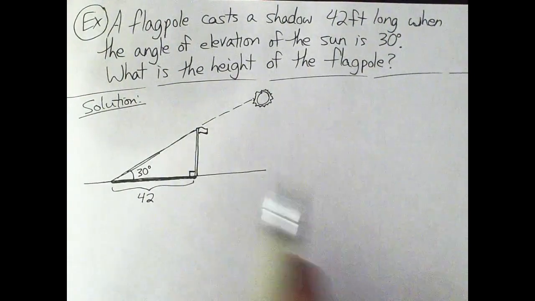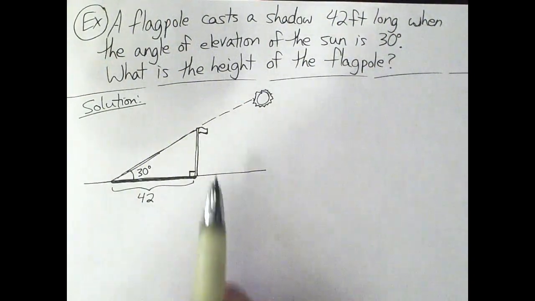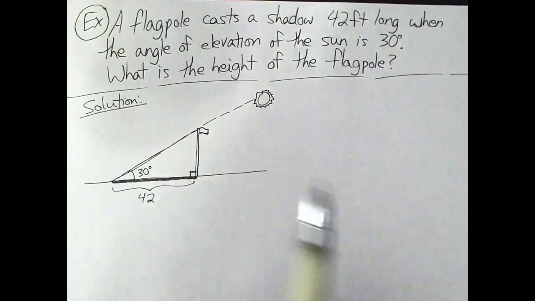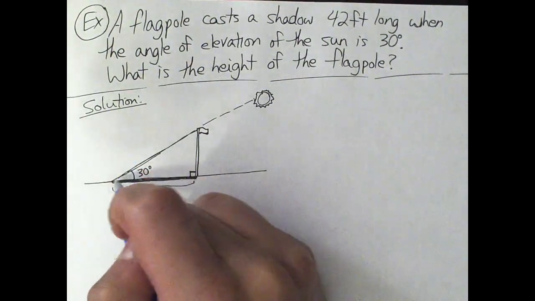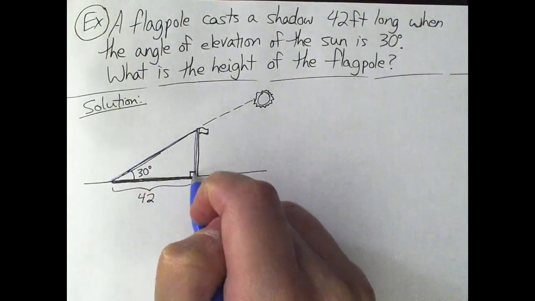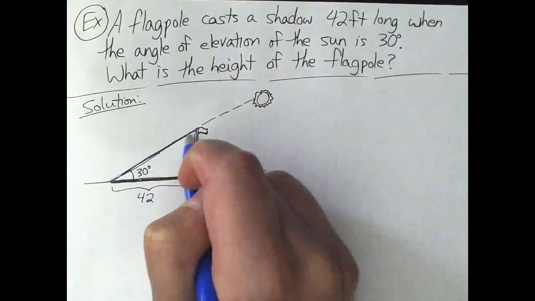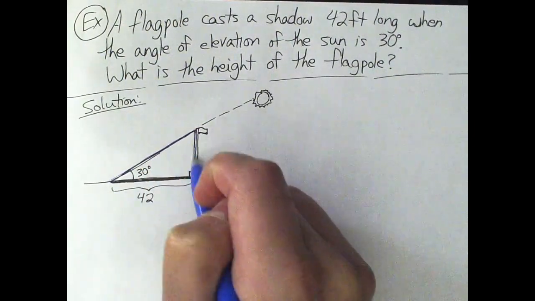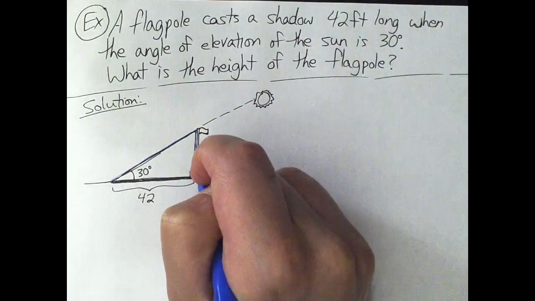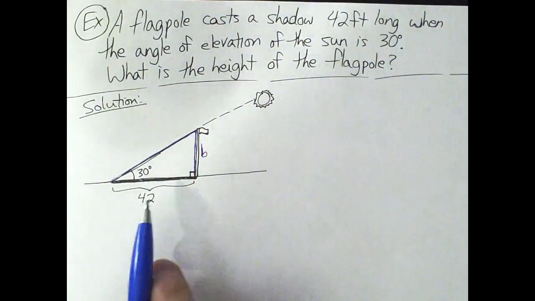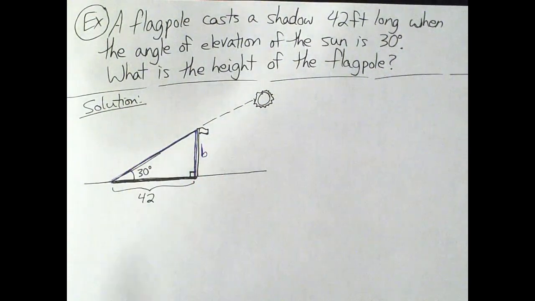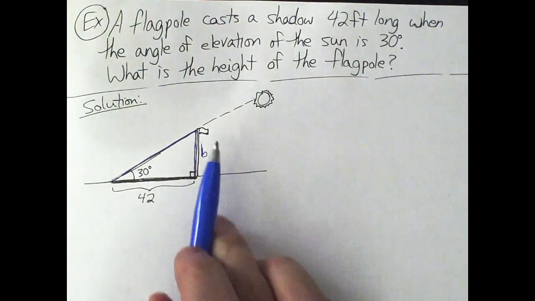What is this question asking? What is the height of the flagpole? So it wants to know this, we have a right triangle, and it wants to know one of the side lengths. Let's label it. Let's call it B. I'm calling it B because I tend to think of triangles as A, B, C. But you could call it something else if you want.